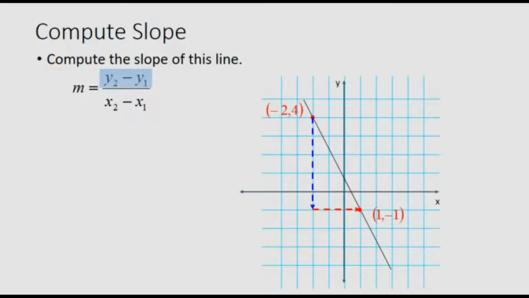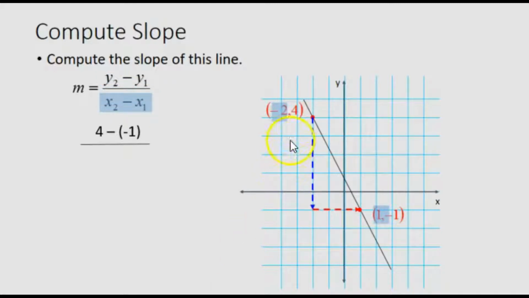To calculate that numerator, we'll take the two y values and find their difference. So in this first example, we'll let y sub 2 be 4 and y sub 1 be negative 1. And notice we're subtracting a negative 1. Likewise, we will set up our denominator.